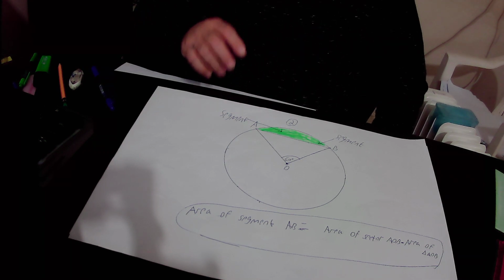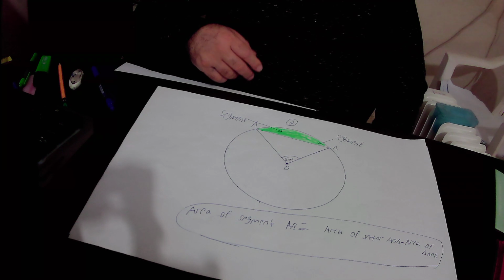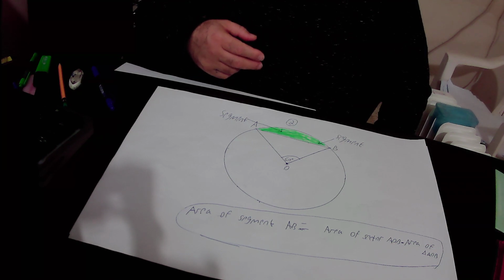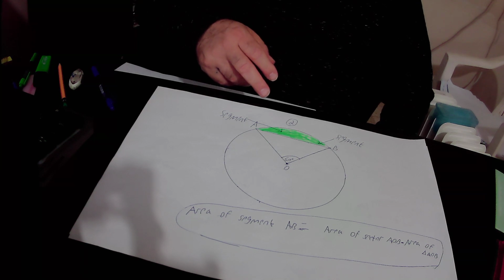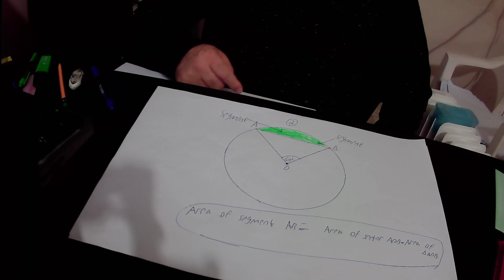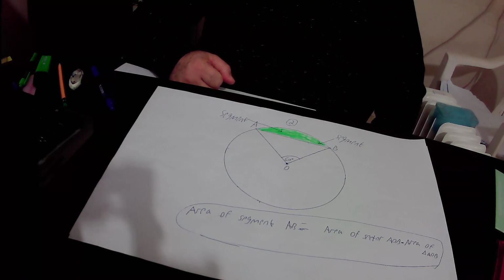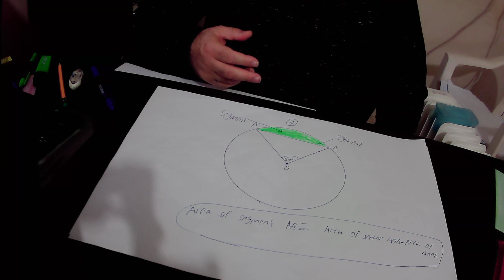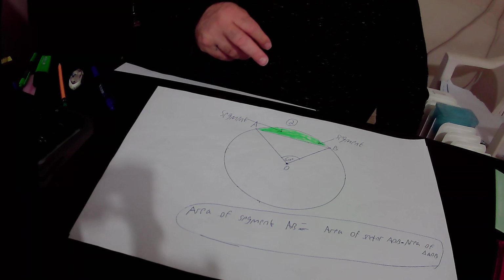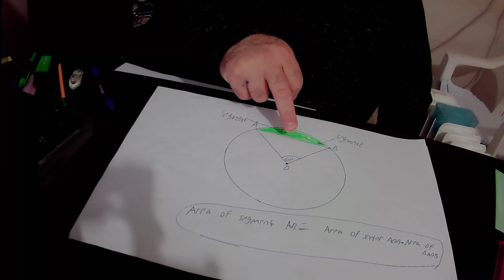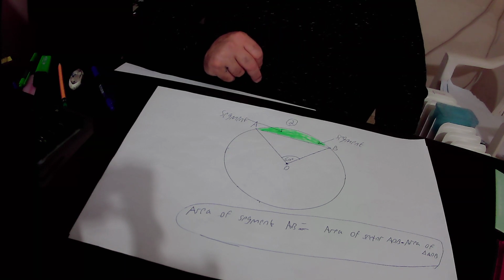So the area that is bounded by a chord and the arc that is attached to that chord is defined as a segment, and the area of a segment equals the area of sector AOB minus the area of triangle AOB.